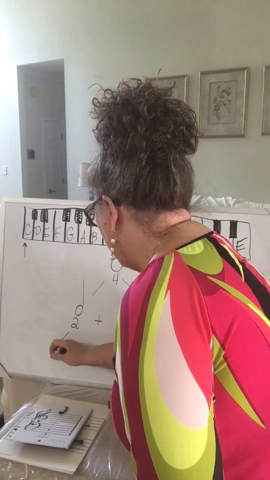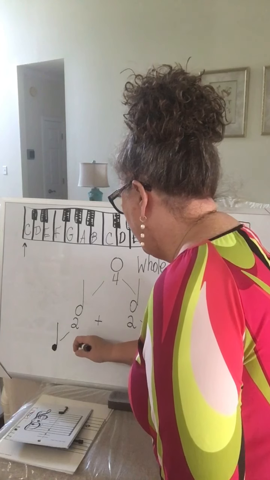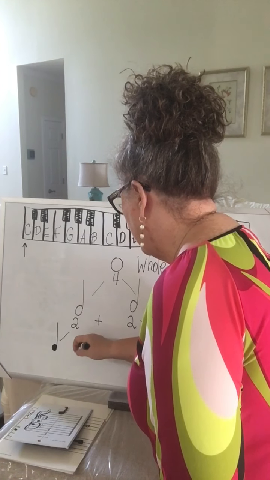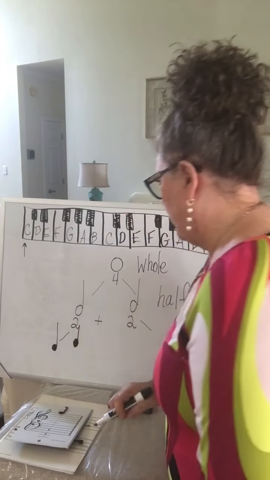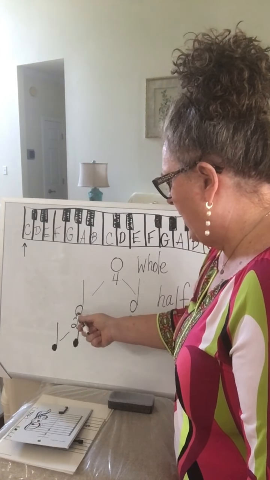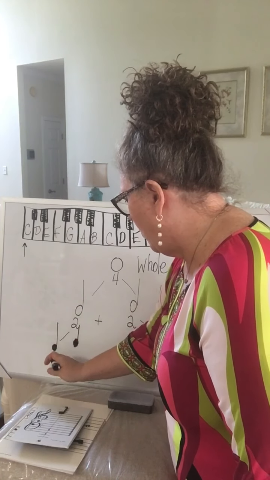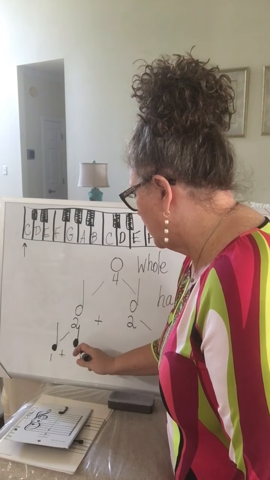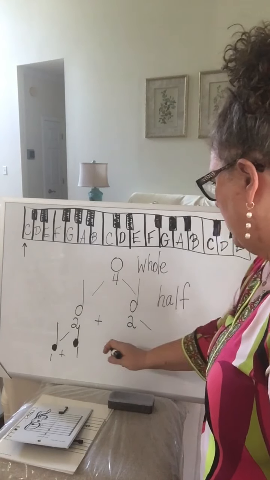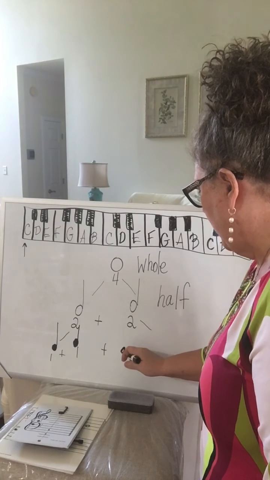It's like the half note, except you blacken the face, and you have 1 quarter note, 2 quarter notes. So it equals a half note. 2 quarter notes equal a half, because these are worth 1 each. 1 plus 1 plus, then this half note is divided into 2 quarter notes.